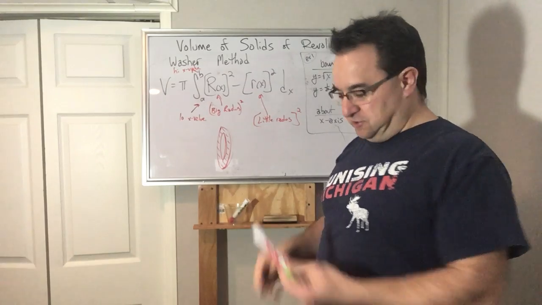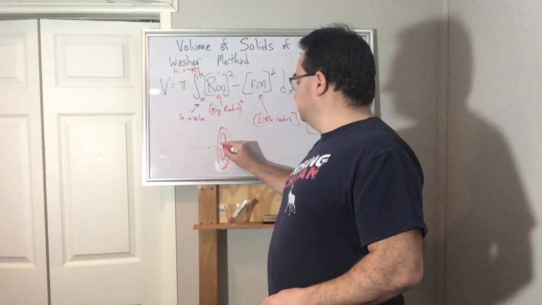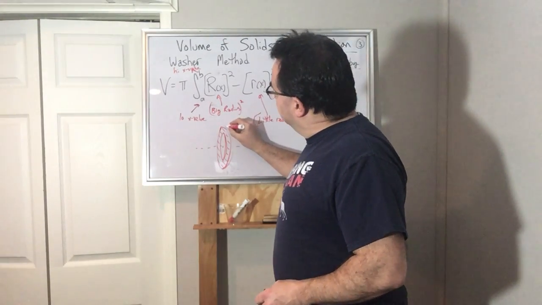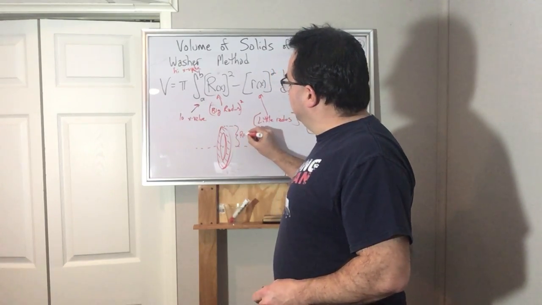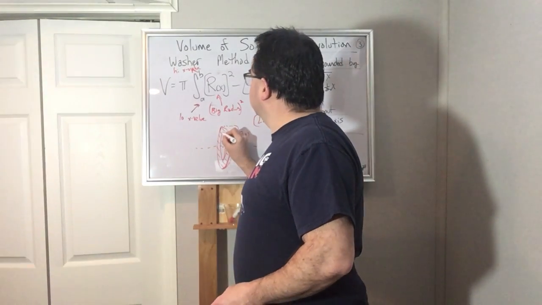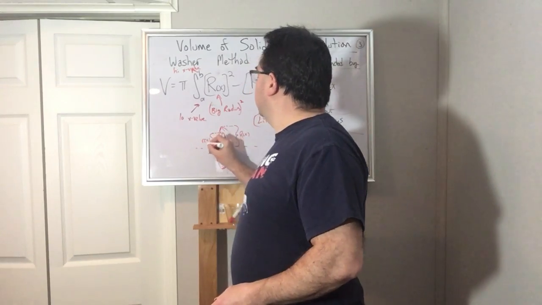That is a washer. And notice, if this is the center, this would be my axis of symmetry, then it has a large radius, which we are going to call cap R, big R for big radius. And it has a small radius, which we'll call little r.